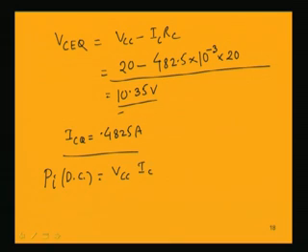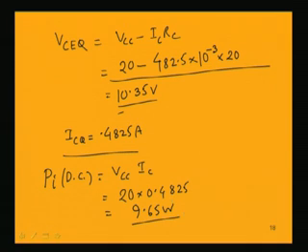Now, VCC 20 volt, IC is 0.4825 ampere. So, this will give you watts, and that value is 9.65 watt. That is the input power you are feeding into this amplifier.